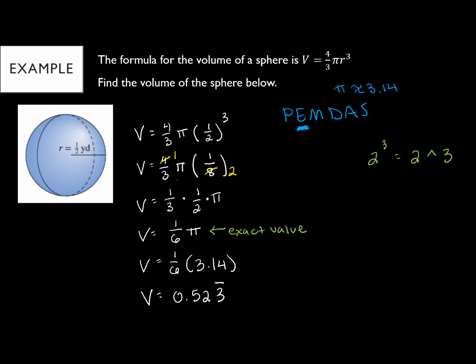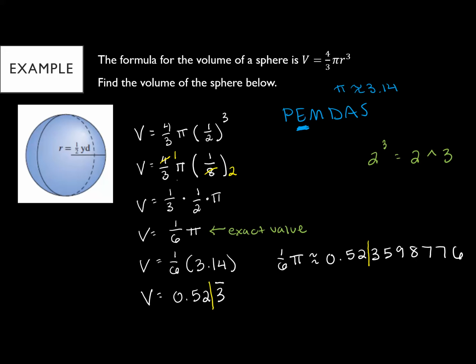If I use my pi button, I get a different number. So if I did it with my pi button, this would give me 0.523598776, and it goes on forever. But if we're rounding to 2 decimal places, when you round, I like to put a little line where I'm rounding.